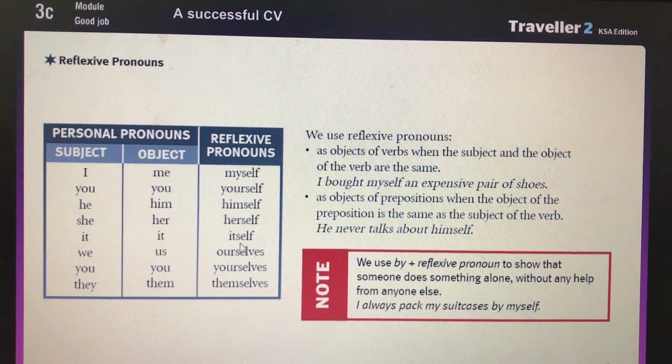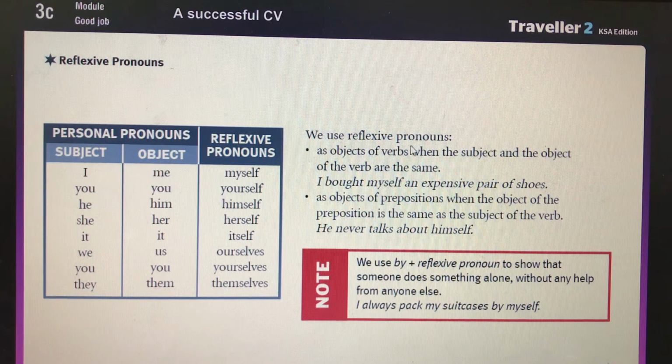It, itself. We, us, ourselves. You, yourselves, here more than one person. They, them, themselves.